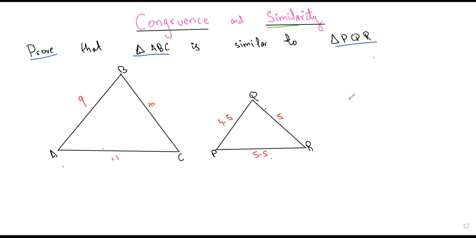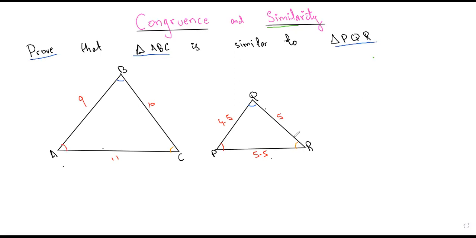We know that their angles should be exactly same, right? That means that this angle at B and angle at Q, they should be same. Angle at A and angle at P, they should be same, and angle at C and angle at R, they should be same. But I do not have any information about the angles, okay?